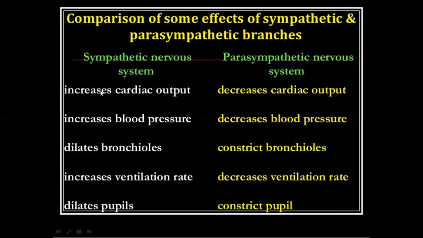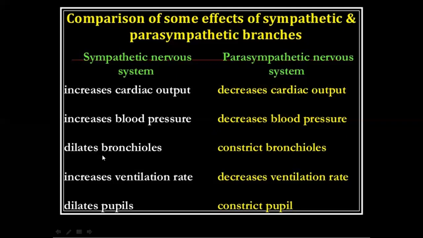The sympathetic nervous system increases cardiac output, and the parasympathetic nervous system decreases cardiac output. The sympathetic nervous system increases blood pressure, and the parasympathetic nervous system decreases blood pressure.